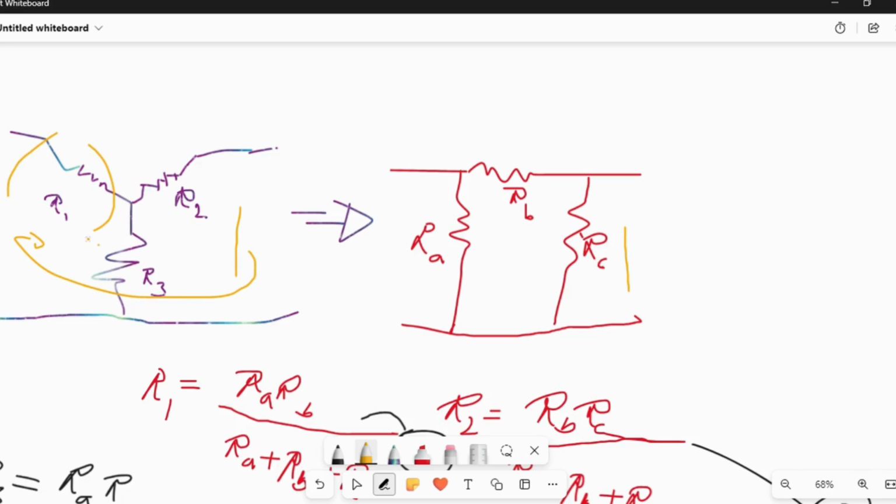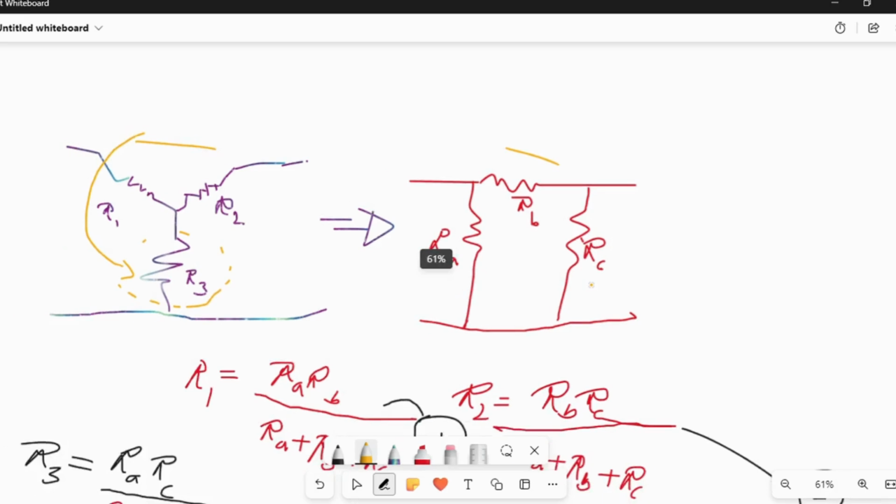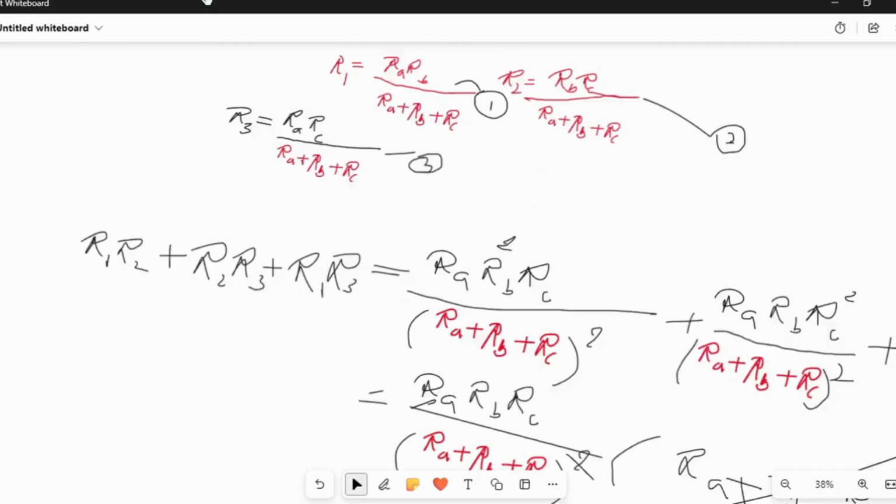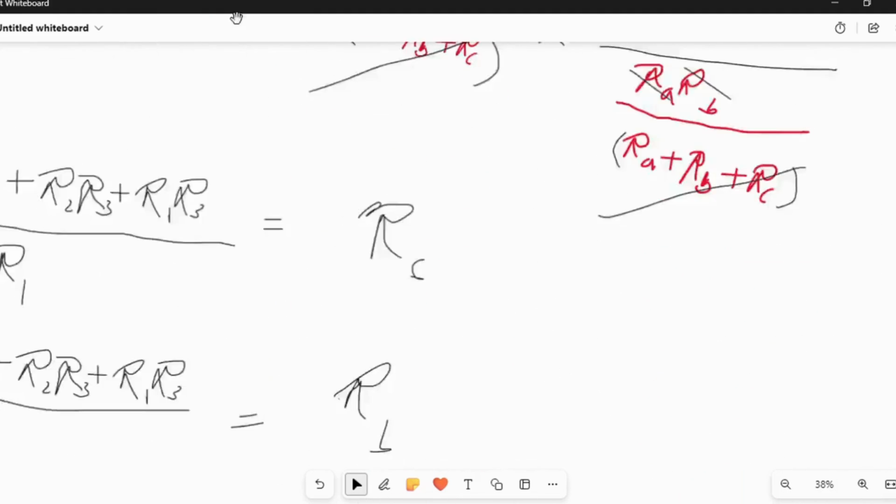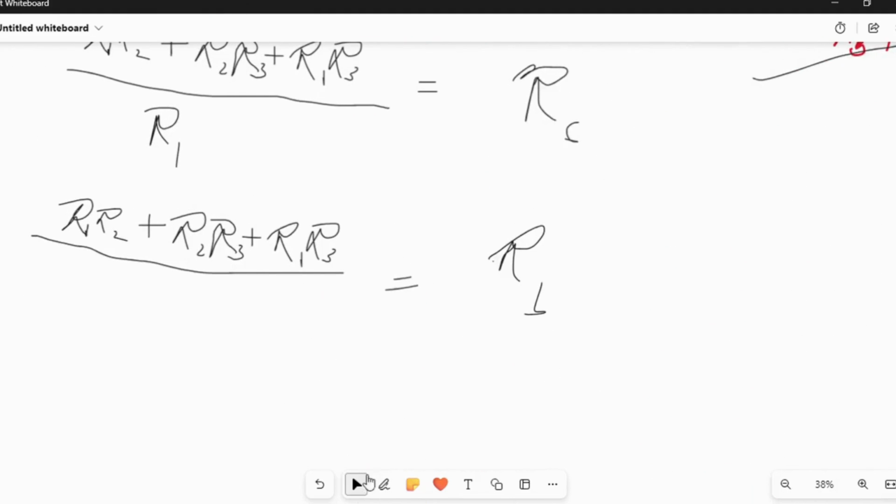And if we want to find RB, then look at the RB side, the corresponding side in the Y circuit, and look at the opposite side. And here the resistor is R3. So we must divide the product sum by R3.